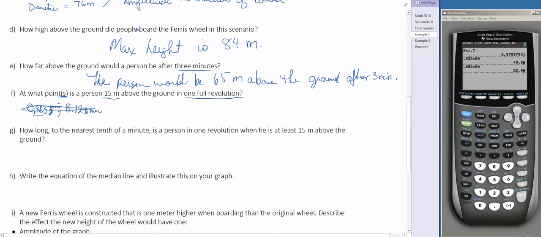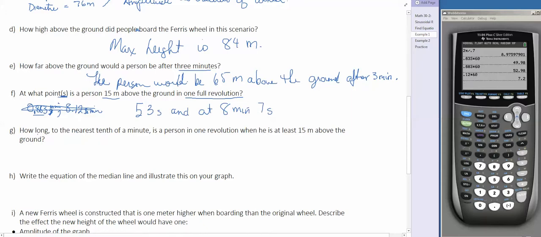We're going to put in 53 seconds, and for the 8.12 we do the same thing: 8 minutes and 0.12 parts of a minute. Turn that into seconds by multiplying by 60. So that's 8 minutes, 7 seconds.